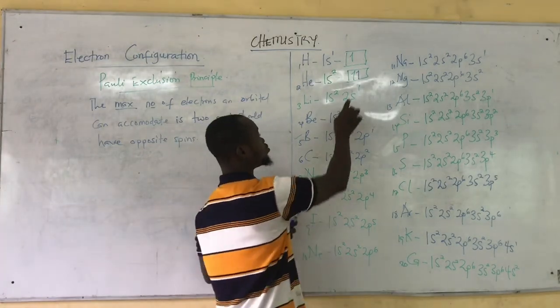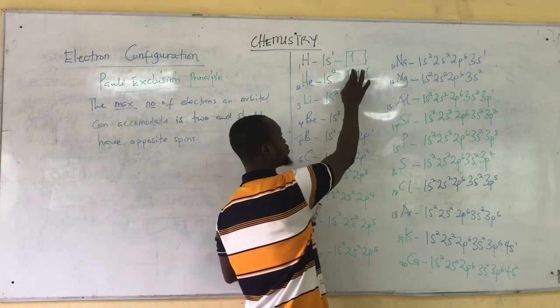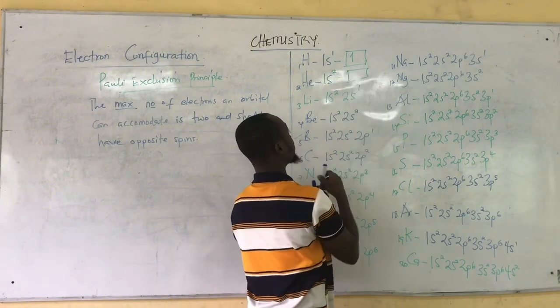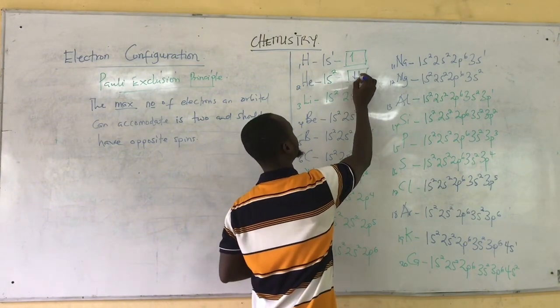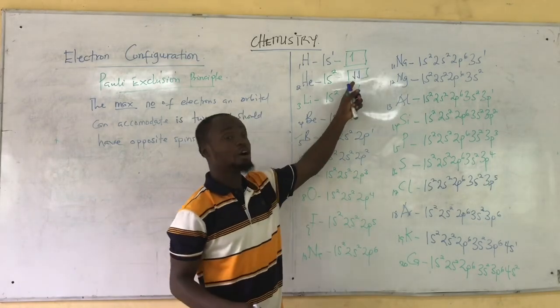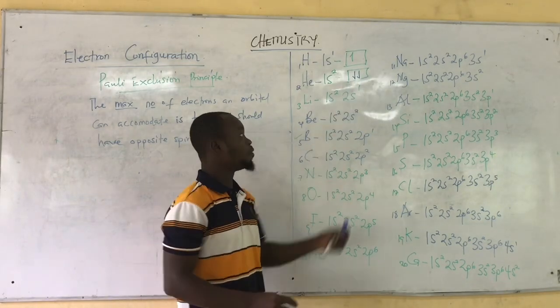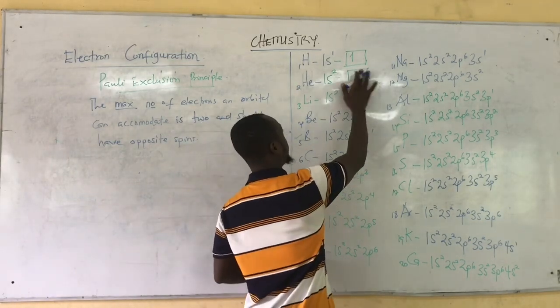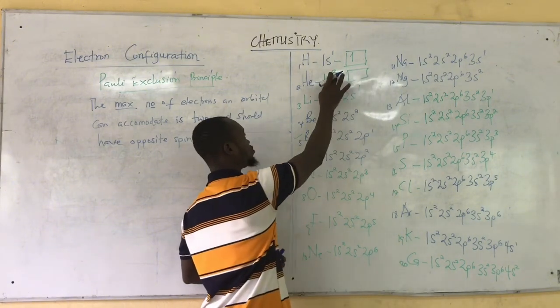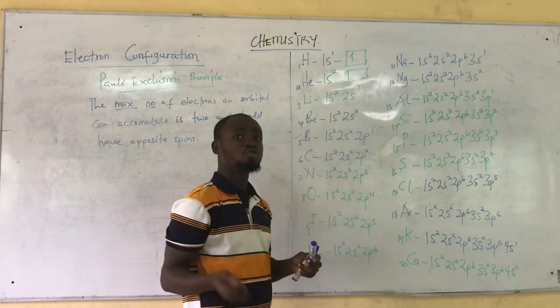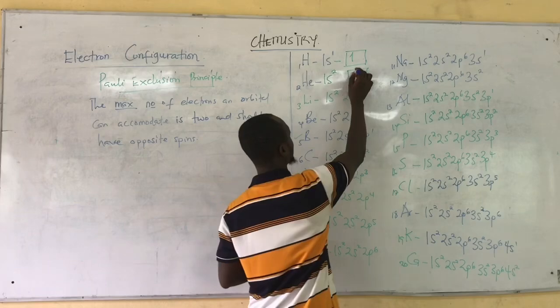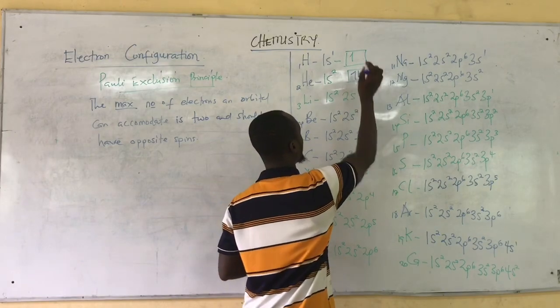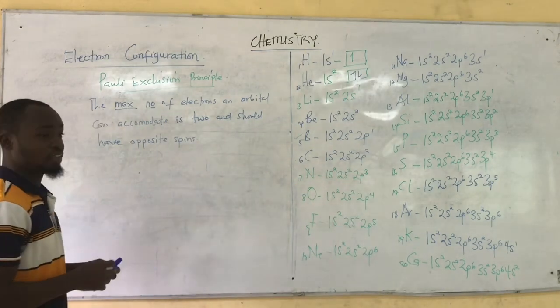Once the number of electrons in the orbital is 2, you should also indicate its spin in the opposite direction. Is that okay?